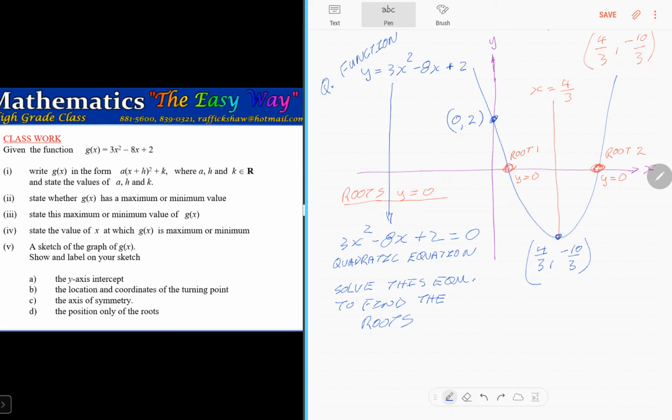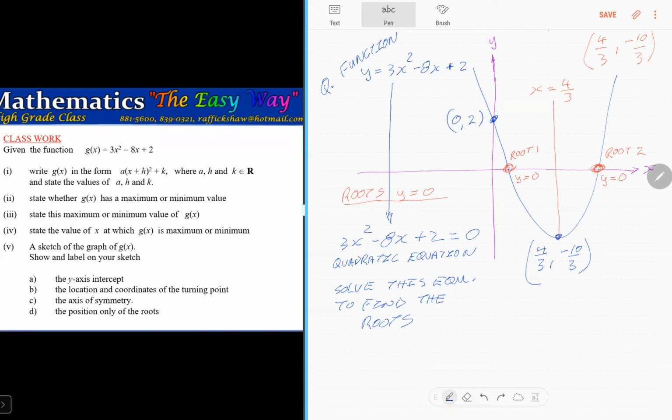Another way of saying it is when we solve a quadratic equation, we are actually finding roots.